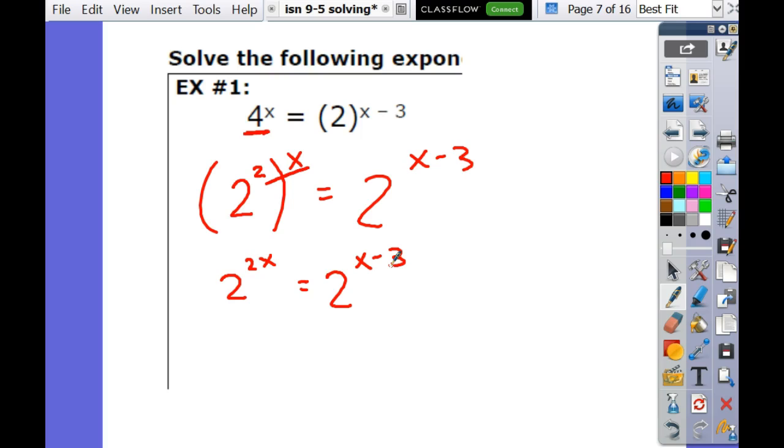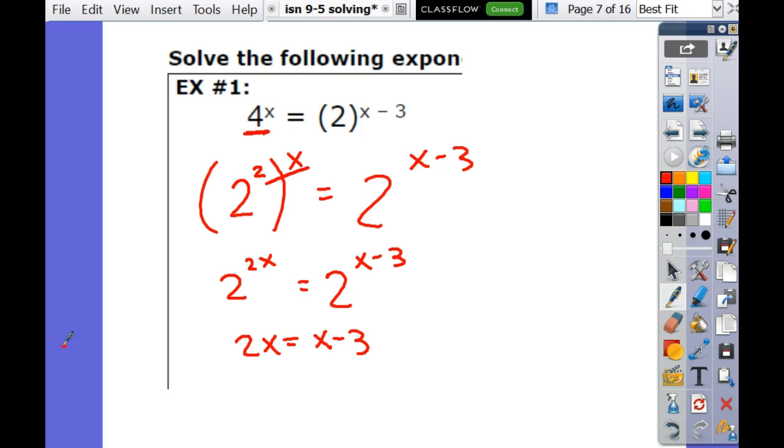Once the bases are the same, then the exponents must be equal. The bases are the same, so the exponents must be equal.